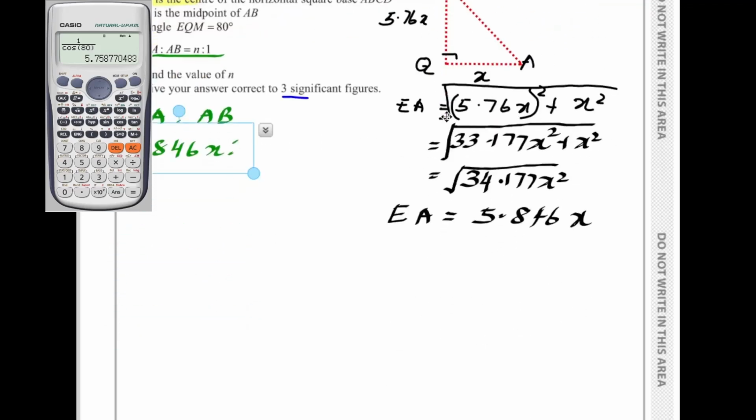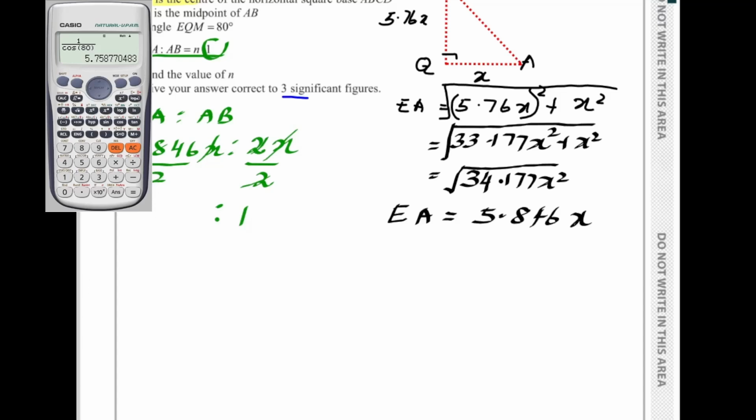Then let's go ahead with AB as 2x. Then let's simplify. X cancels out. And since I need to get this AB side, I have to have 1. To get 1, I'm dividing both the ratios by 2.